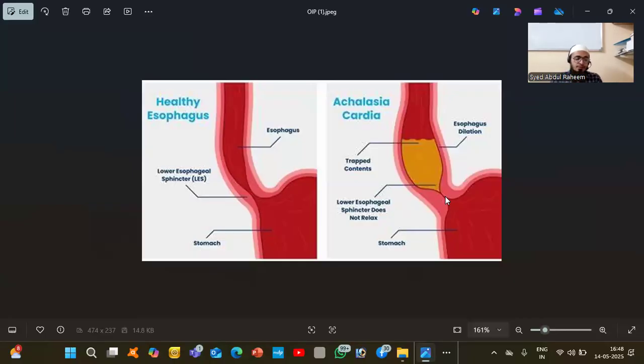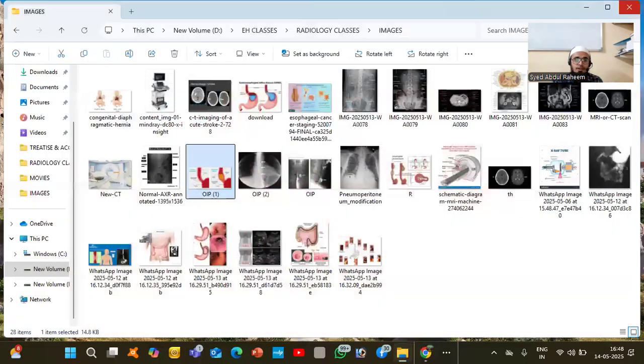So it is called functional dysphagia. In cancer, it is structural dysphagia, where the patient is unable to swallow solid substances. In achalasia cardia, the patient has difficulty swallowing liquid substances. This is one of the pathologies of the esophagus.